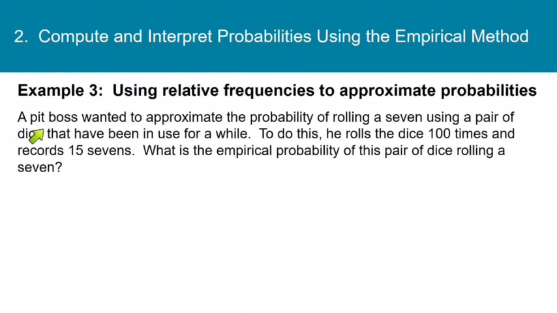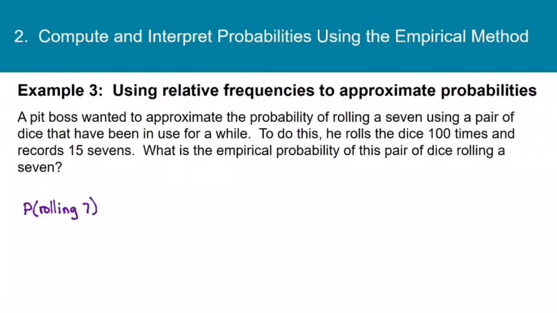So here's an example. A pit boss wants to approximate the probability of rolling a 7 using a pair of dice that have been in use for a while. To do this, he rolls the dice 100 times and records 15 sevens. What is the empirical probability of this pair of dice rolling a 7? Okay, so empirical means observed, and this is just going to be the relative frequency of rolling a 7.